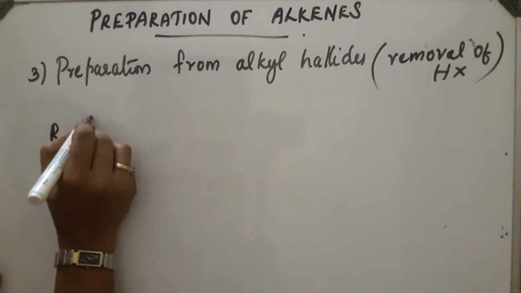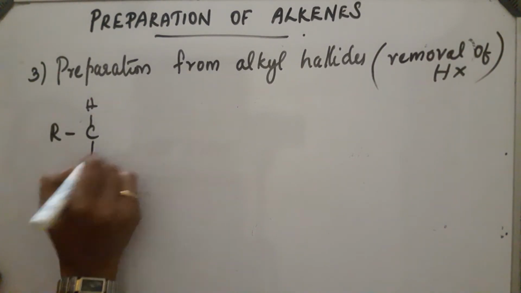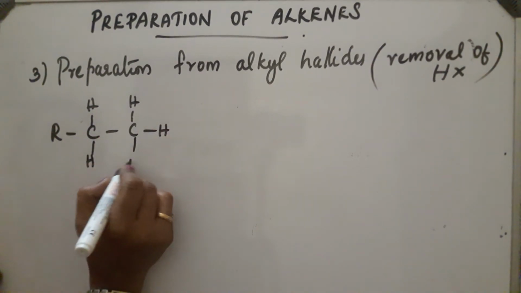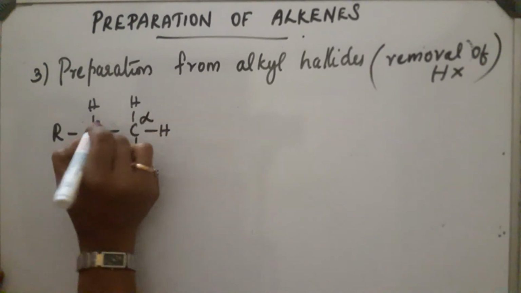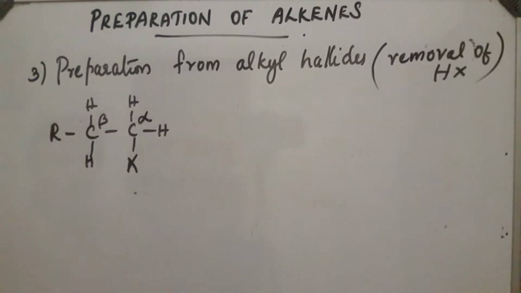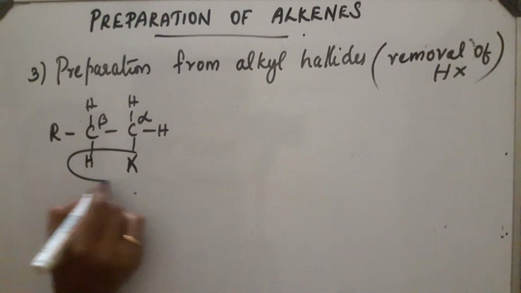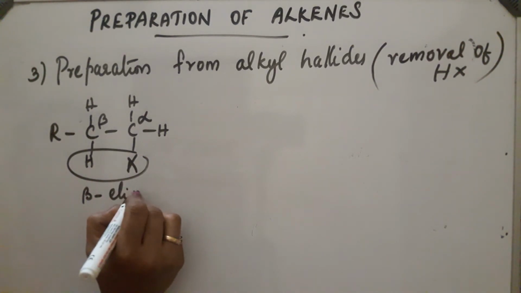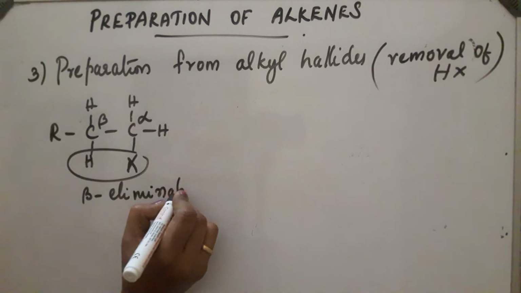Similarly, R, CH, H, CH, X. This is the alpha carbon and this is the beta carbon. Similarly, here also HX is removed, so hydrogen from the beta carbon atom. So it is a beta elimination reaction.